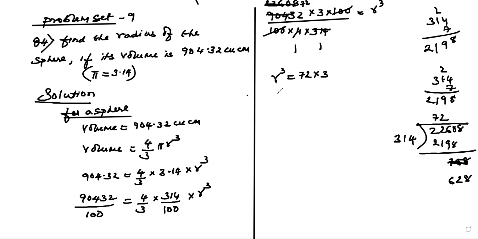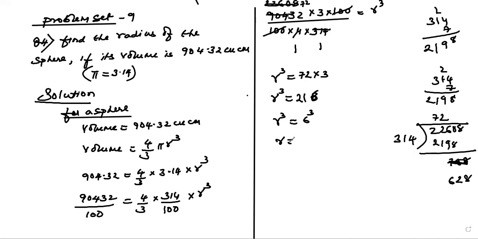Okay, so how much do you get, children? r cube equals 24 threes. So you can see here, children, 3 twos are 6, 216. This is nothing but r cube equals 6 cube.